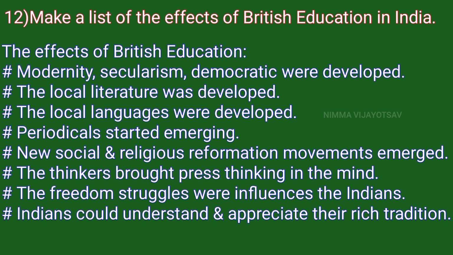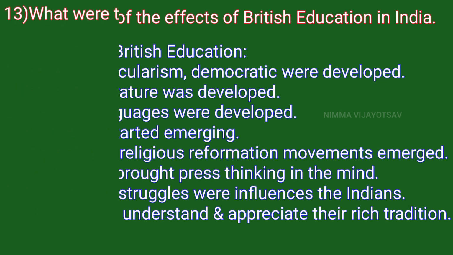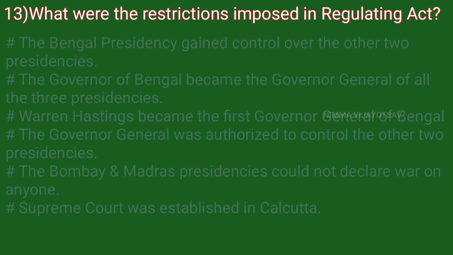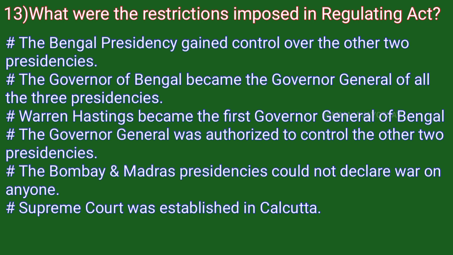Okay, next question. What were the restrictions imposed in the Regulating Act? The Bengal presidency gained control over the other two presidencies. The governor of Bengal became the governor general of all the three presidencies.